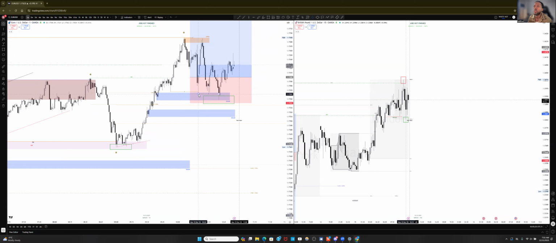Now, the only thing that in my perspective I wouldn't like for this two leg is because we mitigated a demand. And the demand mitigation makes me feel like this supply shouldn't hold. And then price came back, respected the two leg, perhaps inviting them in. But if they were targeting this low, they still hit TP. And now price is reacting from this inducement here, pushing above here.